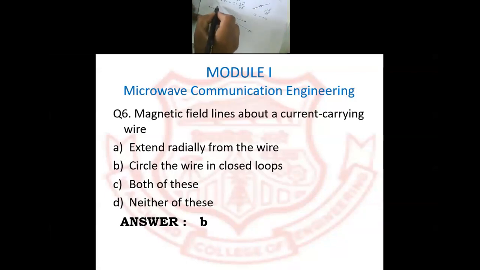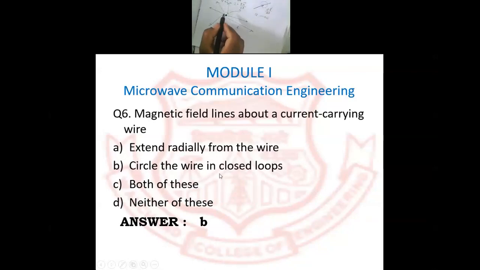If there is an electric field because of a charge, say a charge Q, then the electric field extends radially from that particular charge. It is not a wire right now. For a current carrying wire, the field is around the wire, so we can say the lines circle the wire in a closed loop. That is about your magnetic field lines.